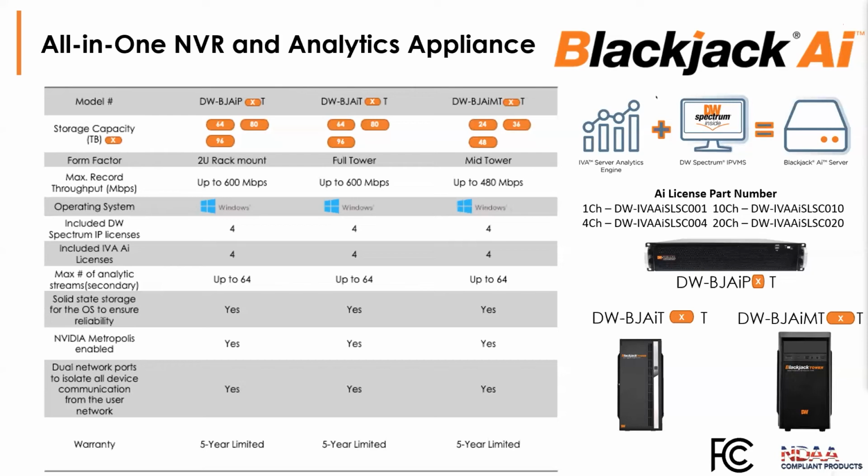Now, you are only going to be able to do up to 64 streams at a secondary stream when you're using the analytics on this. But keep in mind, when it comes to this server, you could still have those 64 cameras. Maybe I need another additional 20 cameras that don't really pertain to AI, and I need to do some additional recording there.